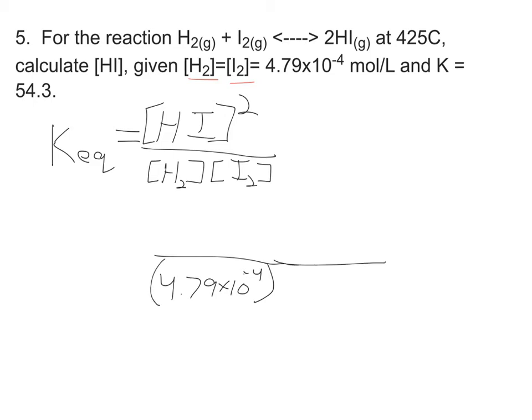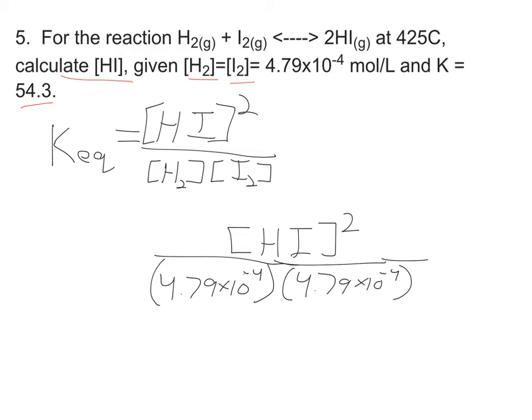So is I2. I2 will be 4.79 times 10 to the minus 4. On top, however, I don't know my HI concentration. In fact, they're saying calculate the HI. So I'm going to leave that as it is. That's just HI squared. What they do give me, however, is a K value. So my KEQ, I can just put that in.